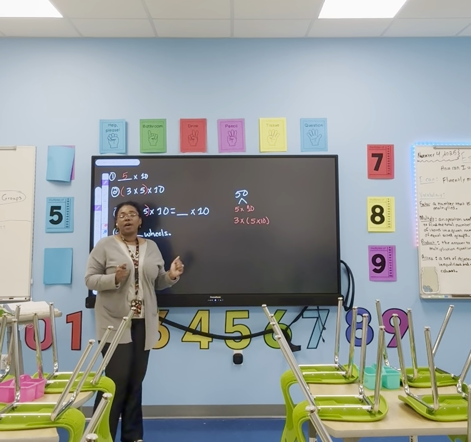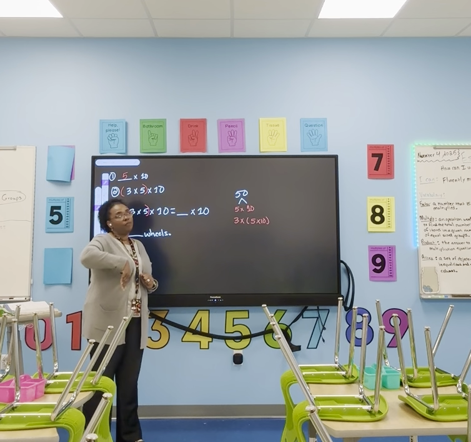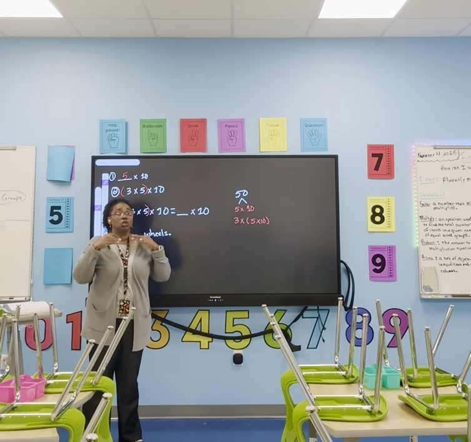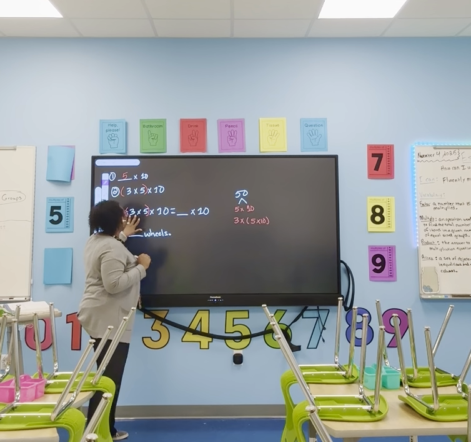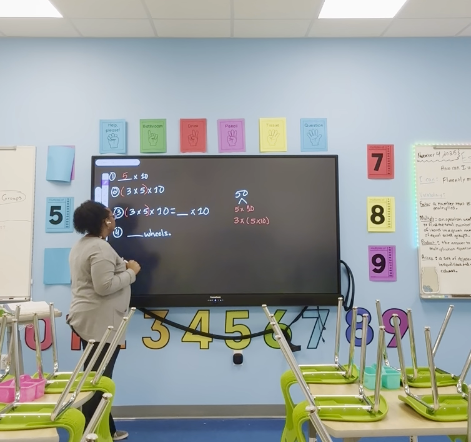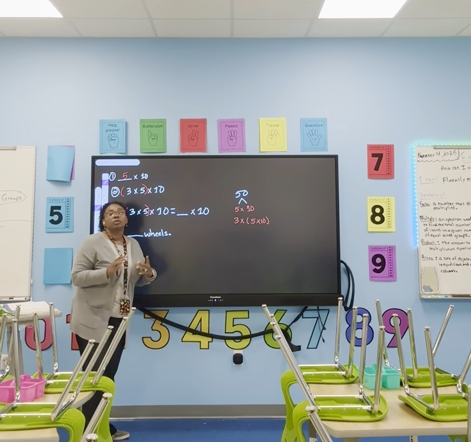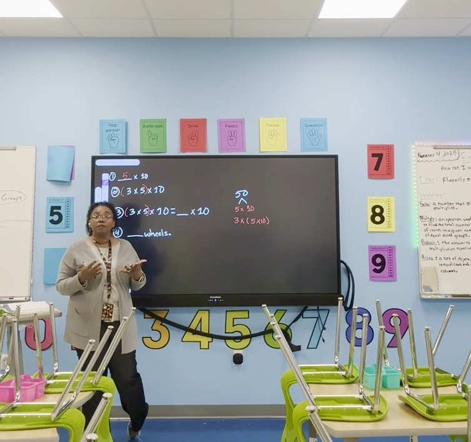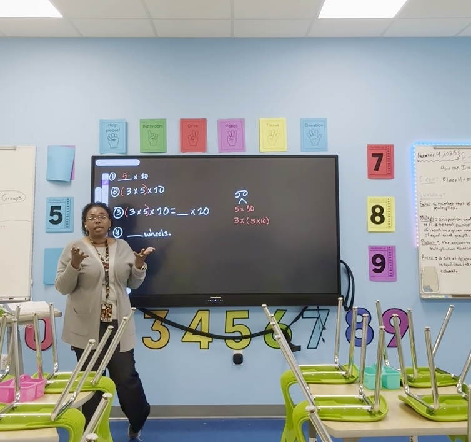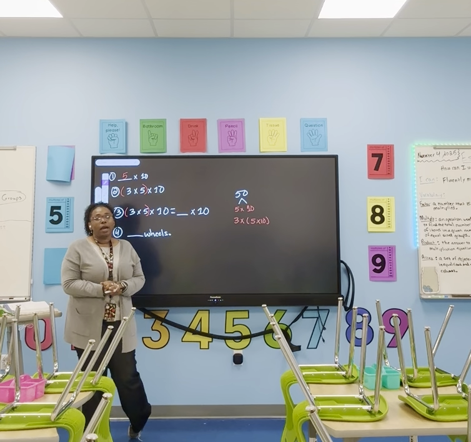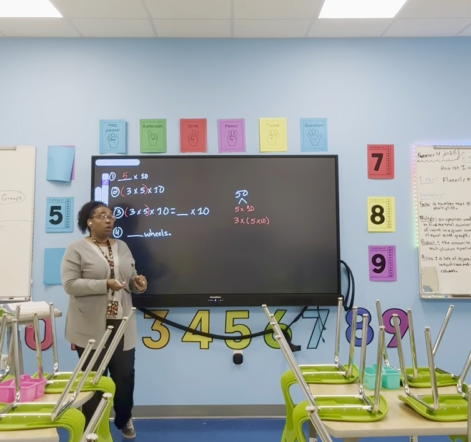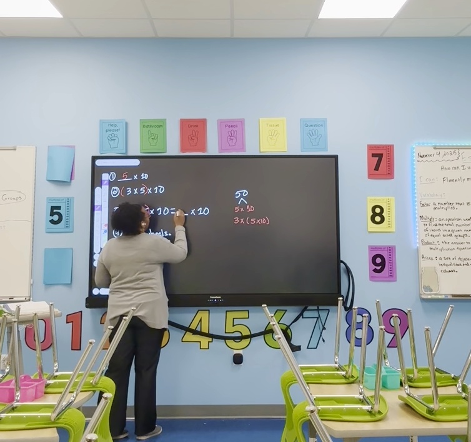I don't want them around 5 times 10 because I don't want that old 50 anymore. I want a new number. So I'm going to put them around 3 times 5. So now I'm just going to multiply 3 times 5. Well, 3 times 5 is going to be 15. This is a fact that my kids already know, so you guys should be able to do that with no problem. So this is going to be 15.